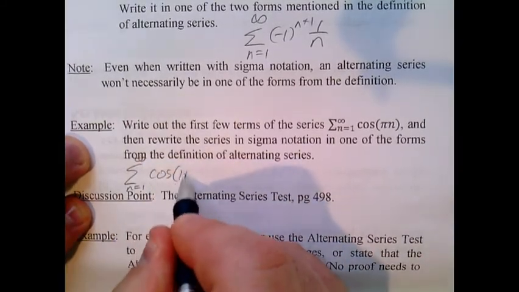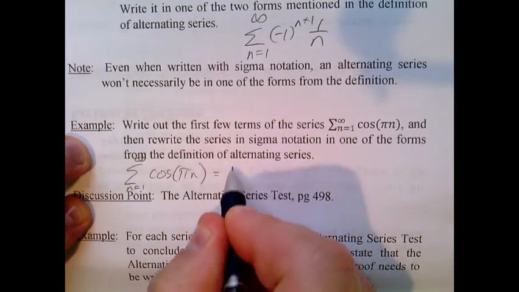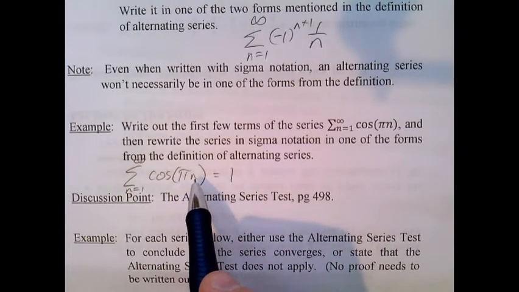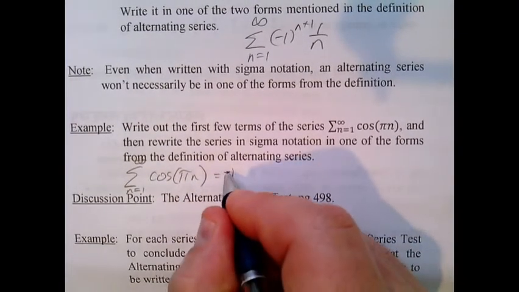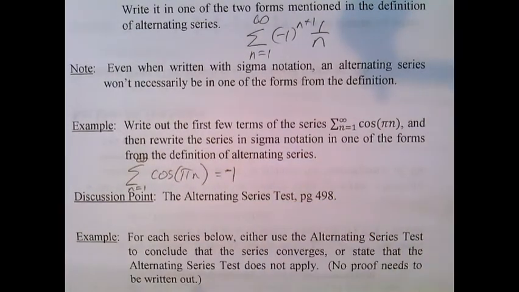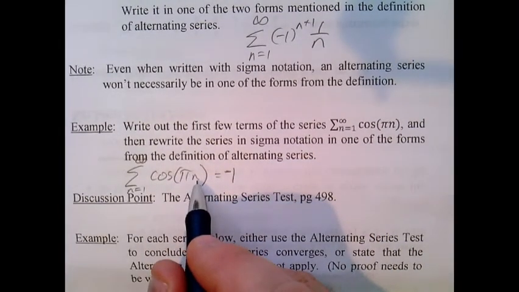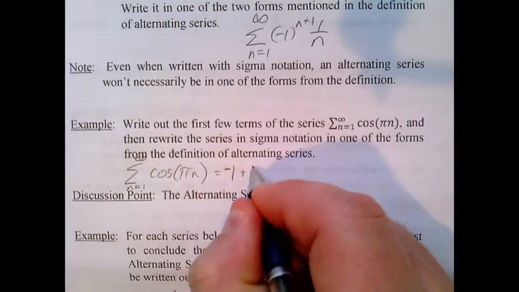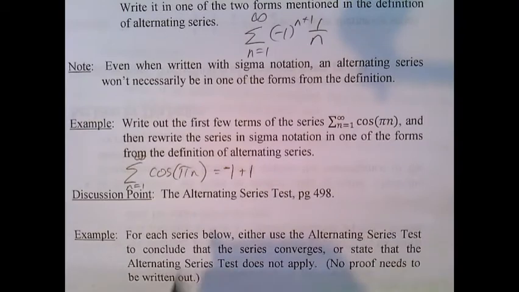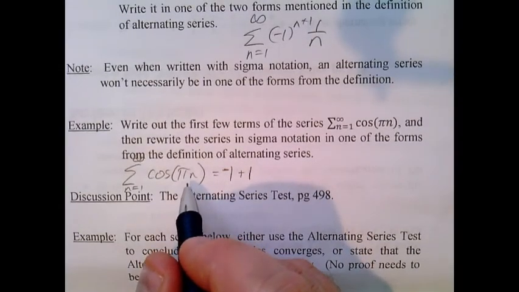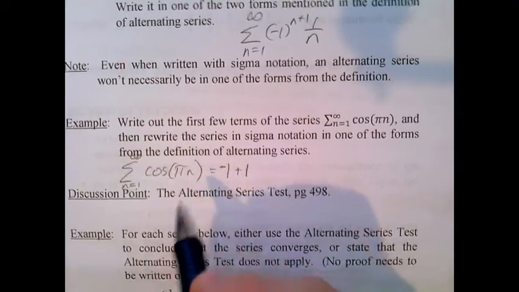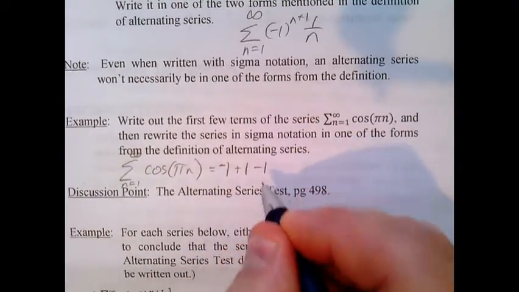cosine of pi n, the first term is, I'm sorry, I wrote the wrong thing. Cosine of pi is negative 1, but then when I put in 2 for n, cosine of 2 pi is positive 1. But then cosine of 3 pi is the same thing as cosine of pi, which is negative 1.